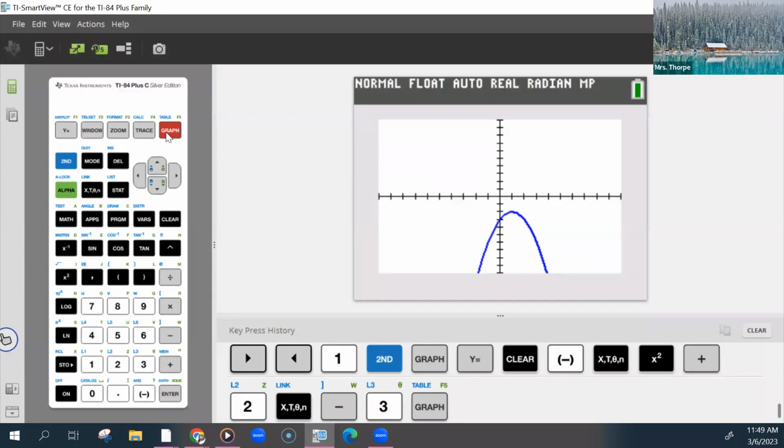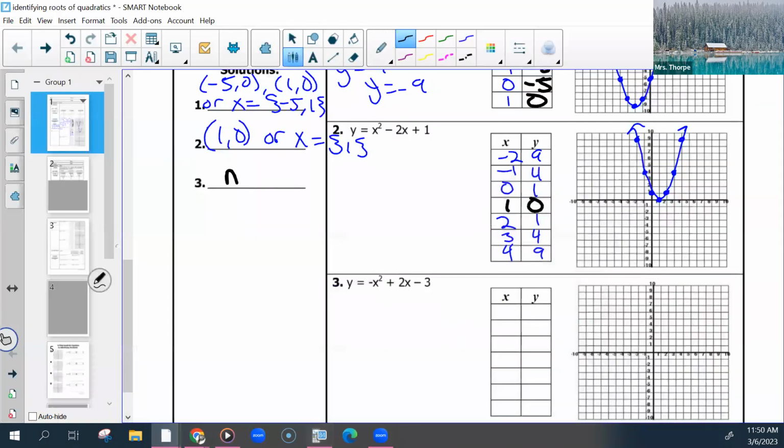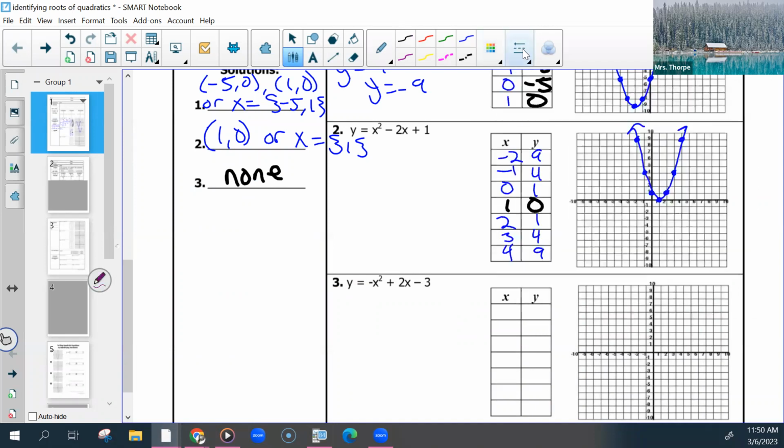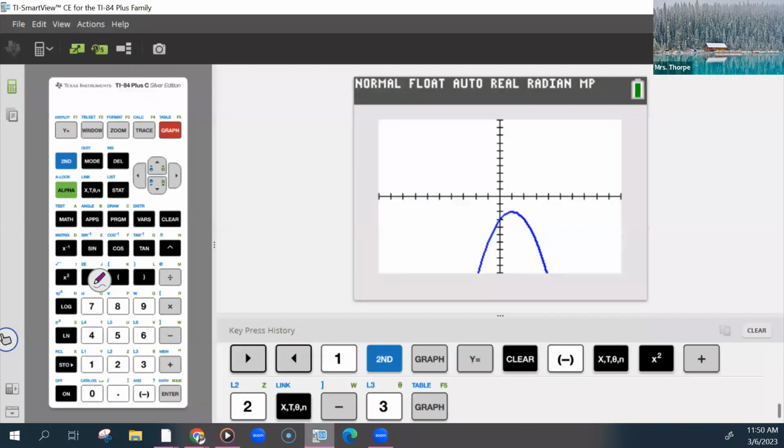How many solutions does this have? It does not touch or cross the x-axis at all. The answer is none. You can put none in A. Doesn't exist. You cannot put 0 because that would mean there's an intercept at 0. Right, then we can graph it. So we answered it already, we just have to finish it, graph it.